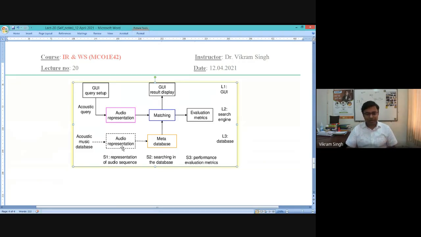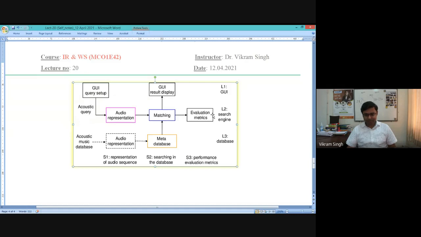Parallel to it, you can see an acoustic music database at the bottom. There also they have an audio representation. This audio representation is sent to the metadatabase, and this metadatabase is utilized to perform the matching process, and all the matching results will be displayed in the GUI, right?